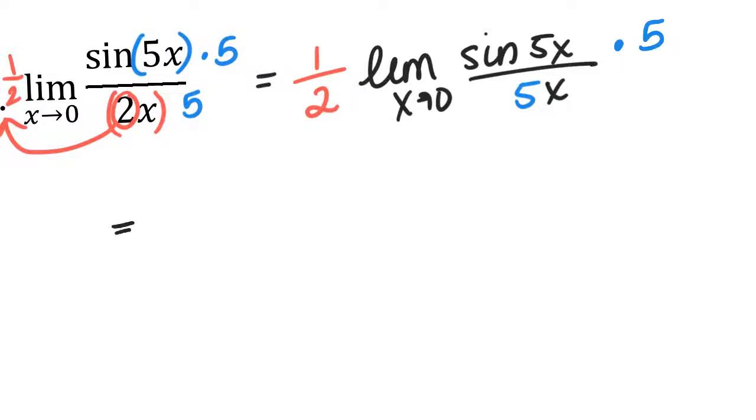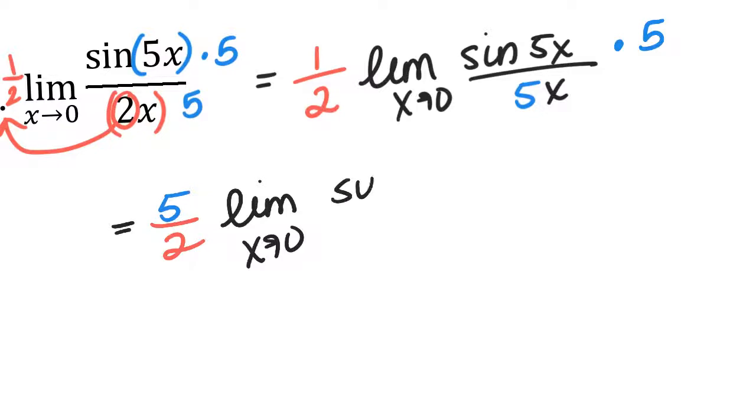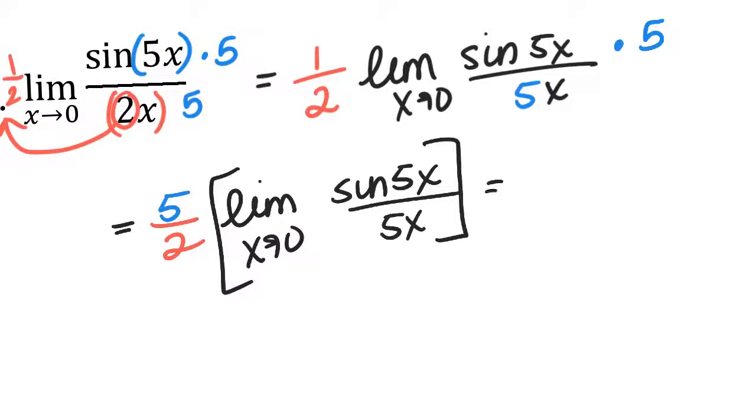So I move that 5 over with the 1/2. So I have 5 over 2 times the limit as x approaches 0 of sine of 5x over 5x. Well, this value is equal to 1. So I have 5/2 times 1, which is equal to 5/2.